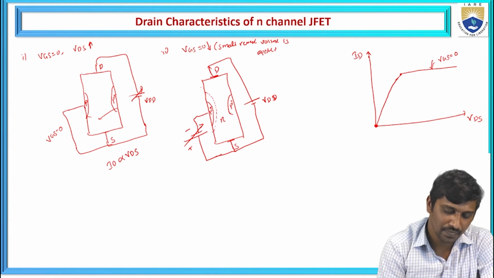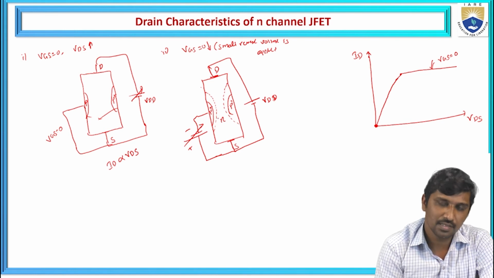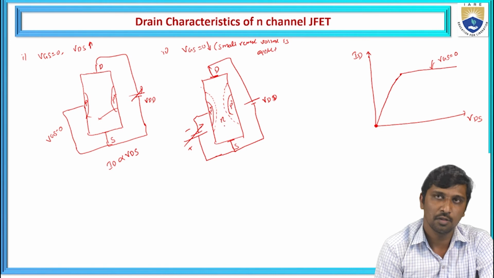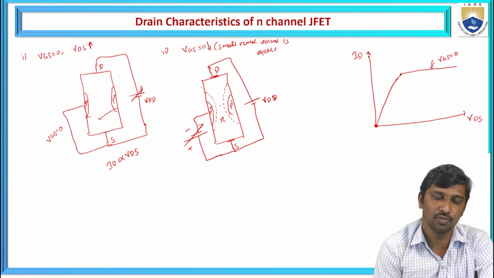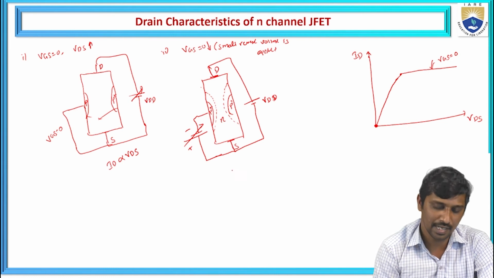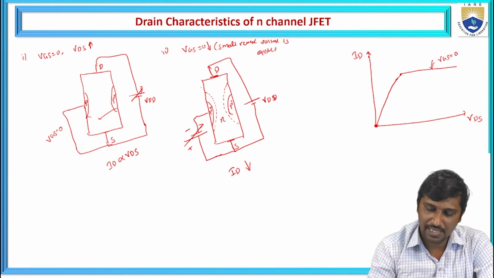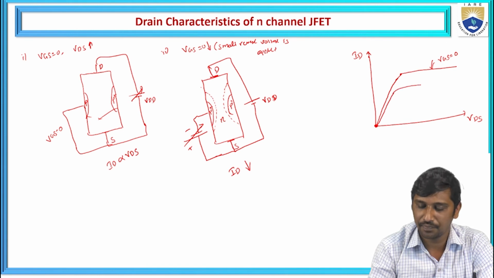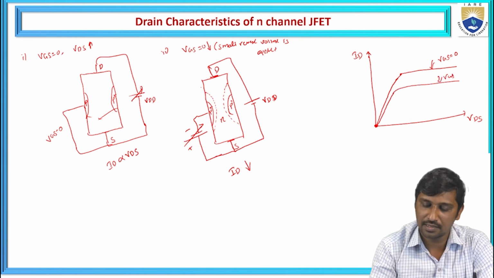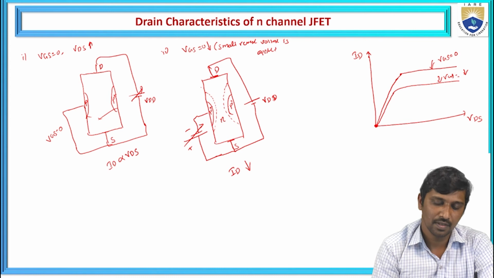Let us consider the depletion widths increase like this. Due to this increase of the depletion widths, the flow rate of the charge carriers from source to drain decreases. Hence, the drain current decreases, and that is the reason that when VGS is decreased from 0, drain current also decreases. So this is VGS decreased somewhat from 0.